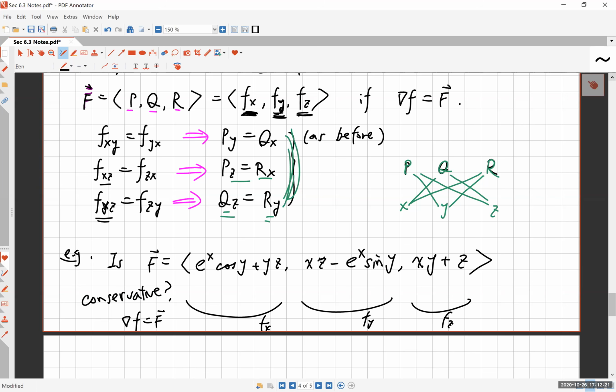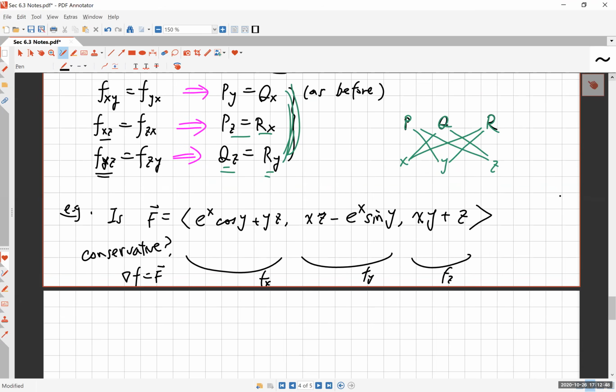But I strongly recommend that you first find out whether this is conservative. If you start looking directly for lowercase f, there's still a chance that capital F is not even conservative, and therefore the lowercase f does not exist. You really shouldn't spend time looking for lowercase f if it does not exist, because you will not find one.